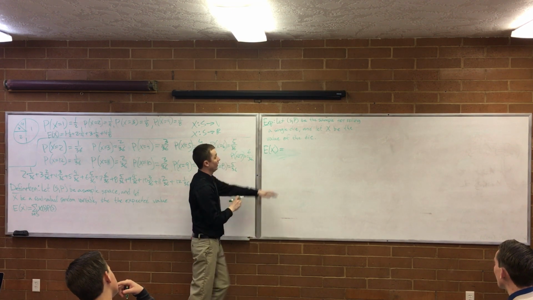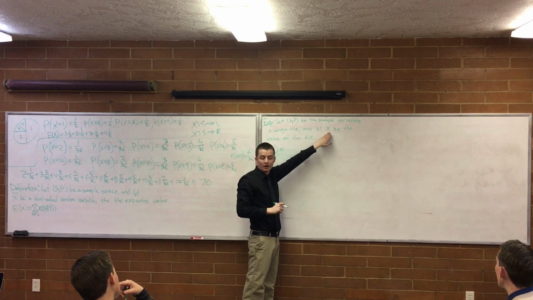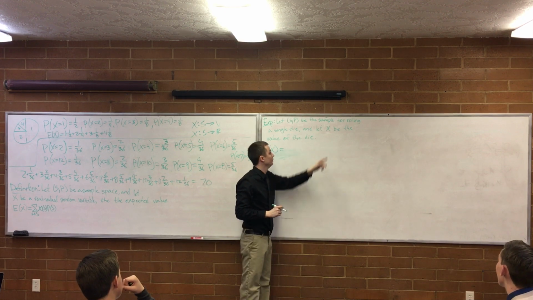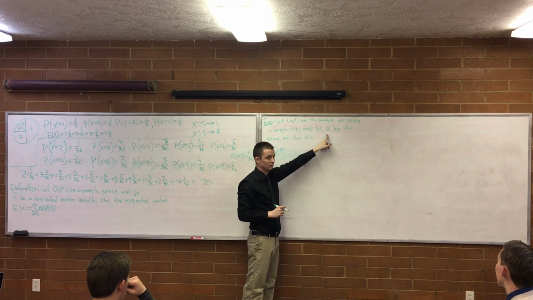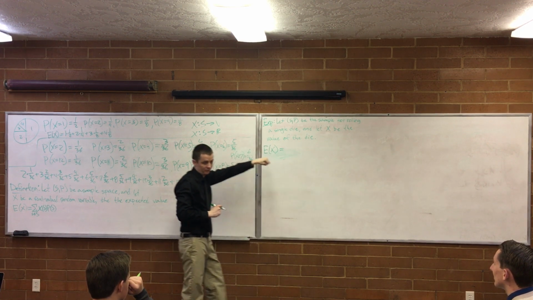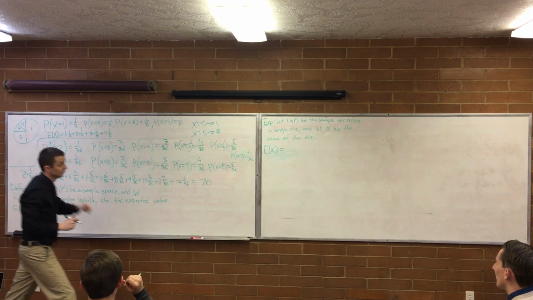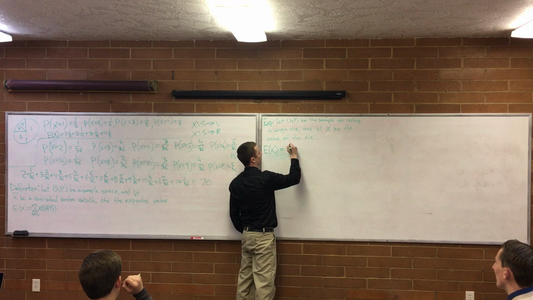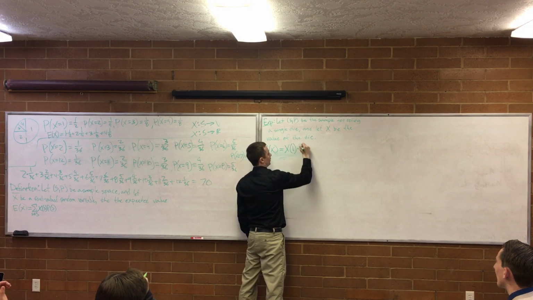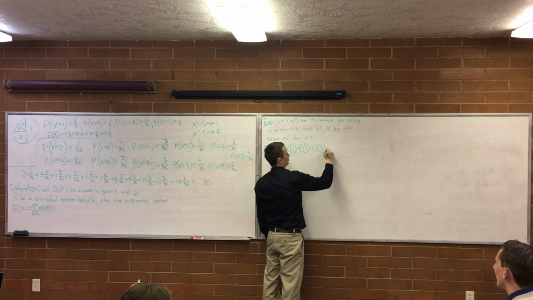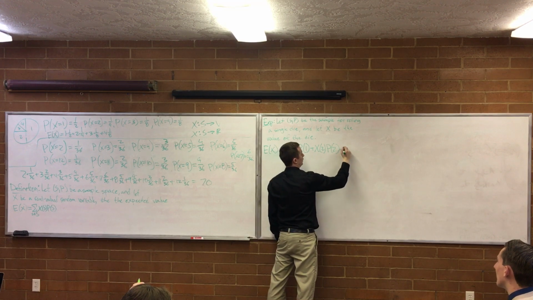Sorry. So X is the outcome of the die. So if you roll a 1, X is 1. If you roll a 2, X is 2. What's the expected value of X? Well, if you're stuck already, it's X of 1 times the probability of 1 plus X of 2 times the probability of 2 plus dot dot dot.